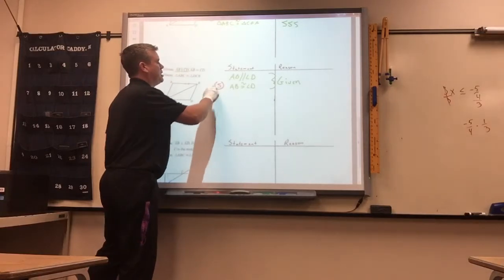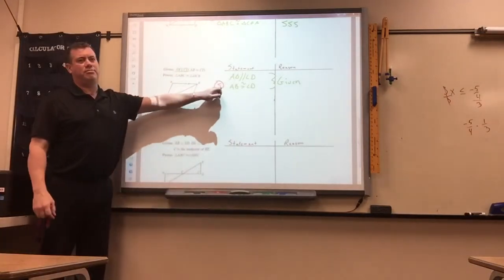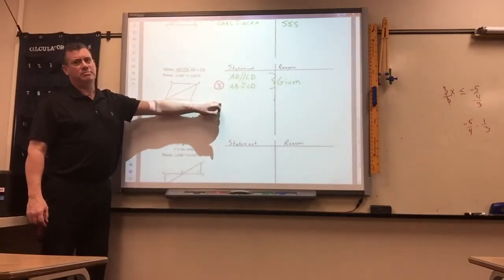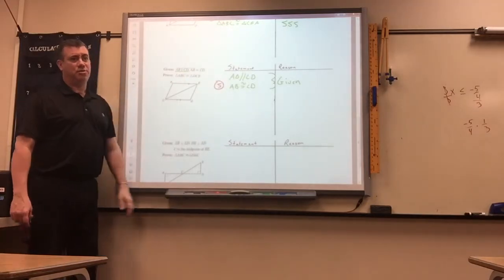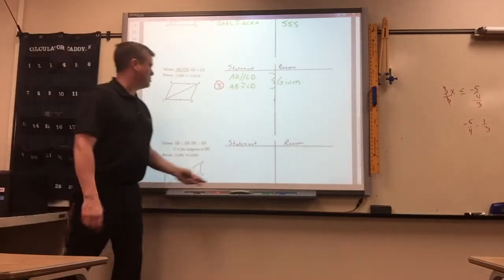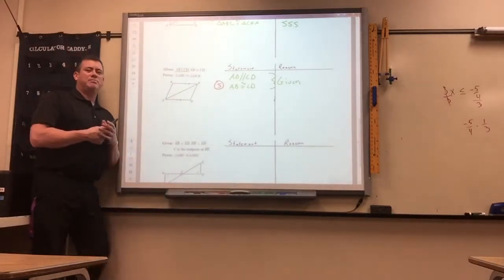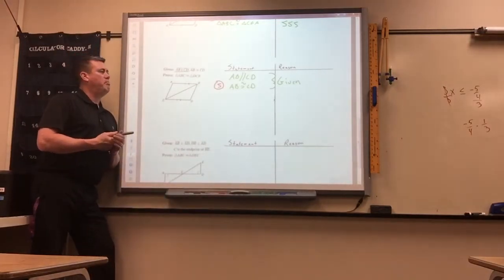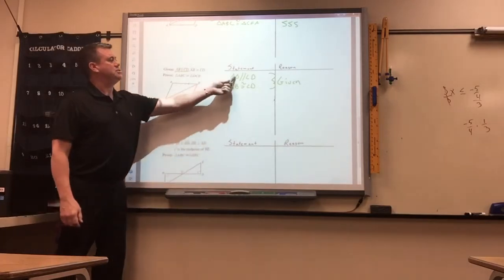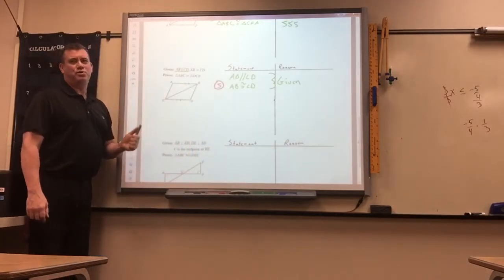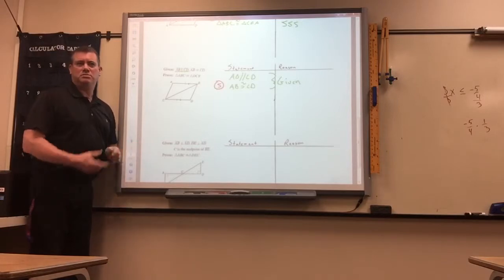Now you don't have to do this, I just do this to keep track that I've got enough. You don't have to put the S and A on the side if you don't want, but sometimes it helps. So now, it doesn't matter what order you go in, but since these two lines are parallel, what two angles will be equal?